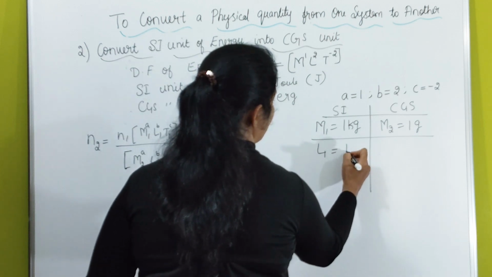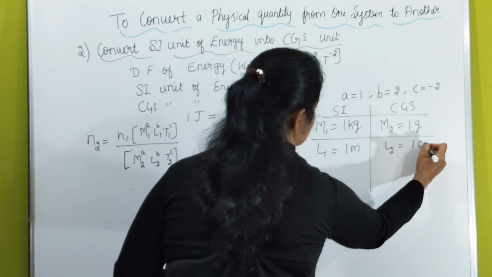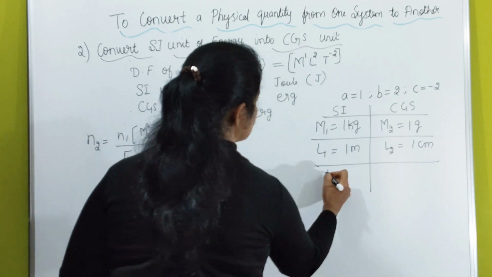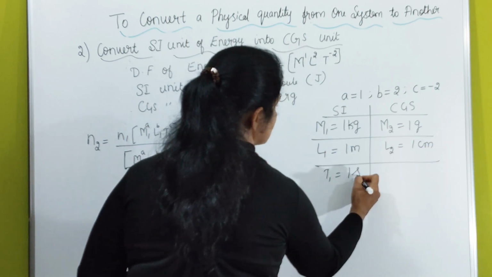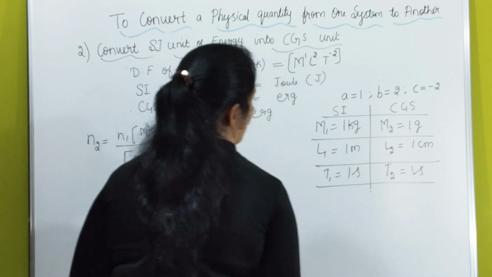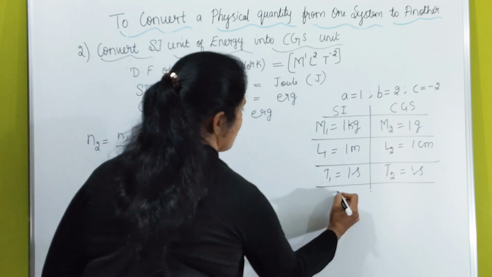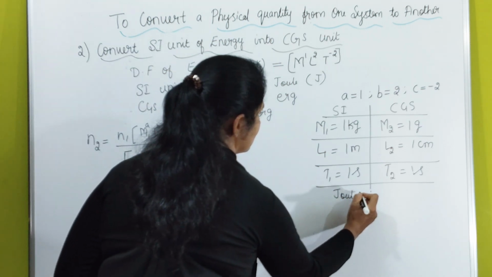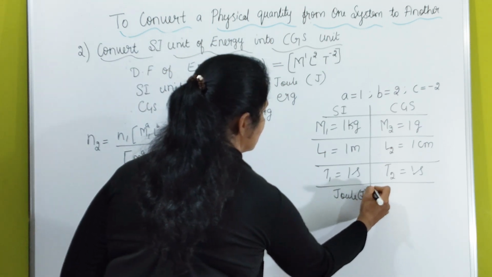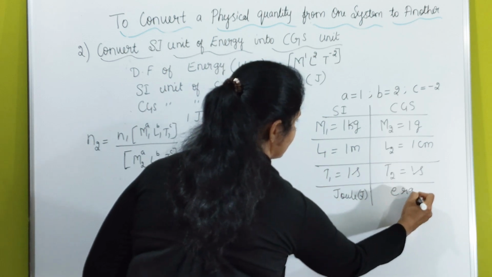Length is meter in SI, centimeter in CGS. Time is the same, 1 second. In SI, work is expressed as joule, and in CGS, work is expressed as erg.